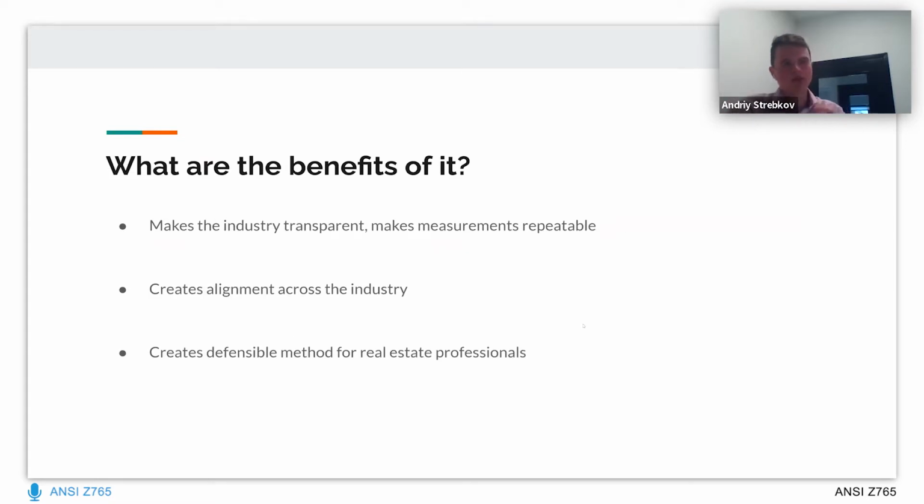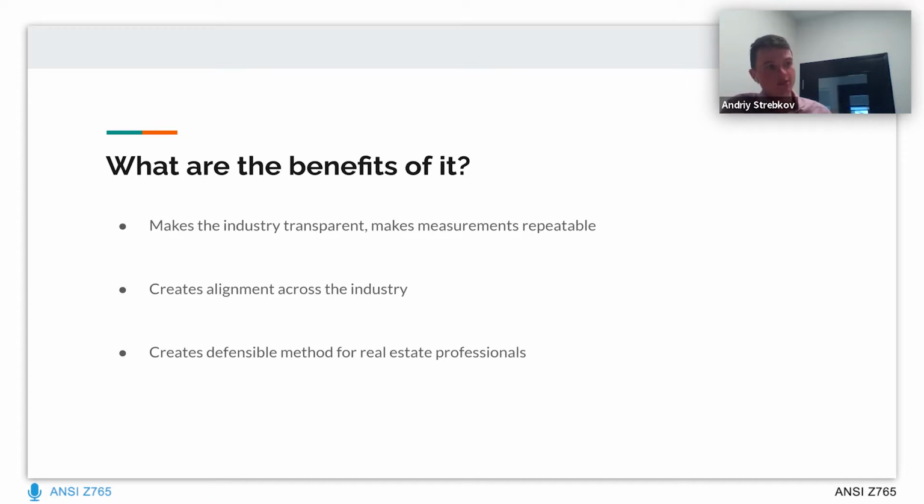So what are the benefits of it? I think it might be obvious, but still, first of all, it makes the industry more transparent and makes measurements repeatable. If two companies or two people come in and measure the same house, they will get the same results, or at least they will apply the same rules when they measure. Of course, as a result, it creates alignment across the industry.